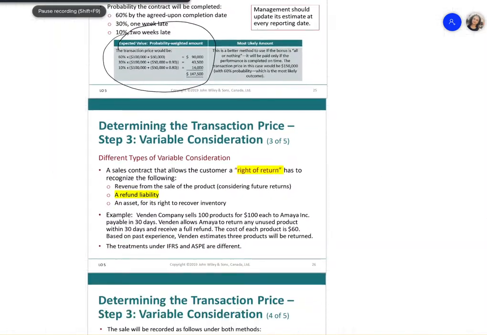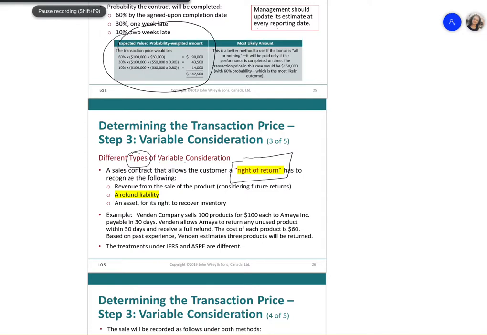Now going with the same variable consideration, we're still sticking with the variable before we get to the time value and everything. So there are two methods, but there are different types of consideration. The first type of consideration that we're going to talk about is right to return.